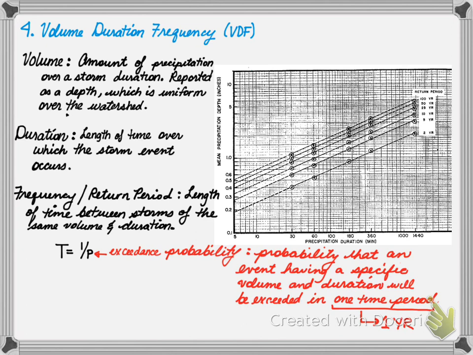Thus, a storm that is defined as a 100-year storm has a 1% probability of occurrence in a given year. So can it happen again? Yes. Just because we have had a 100-year storm in year X does not mean that we cannot have another 100-year storm. In addition, we could have a 100-year storm in year X and have another 100-year storm in the subsequent years.